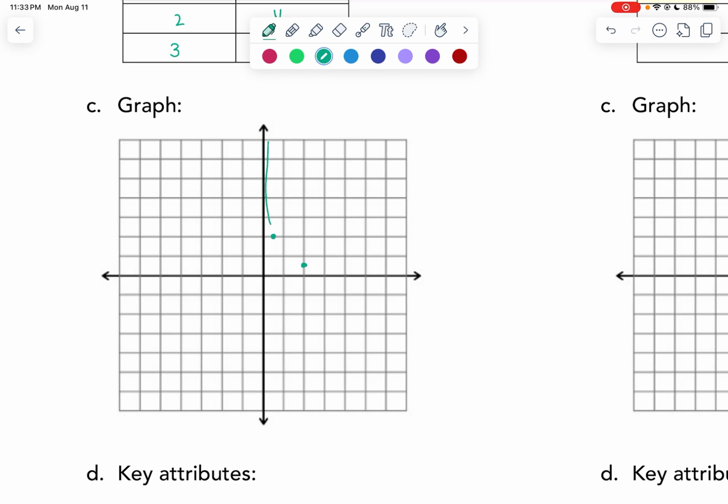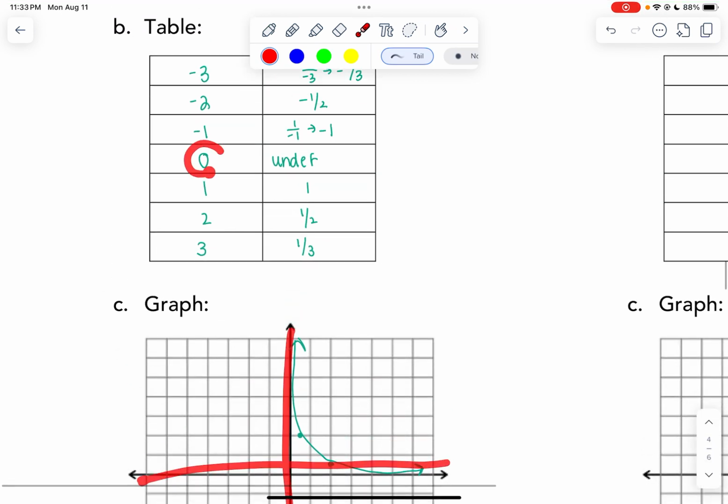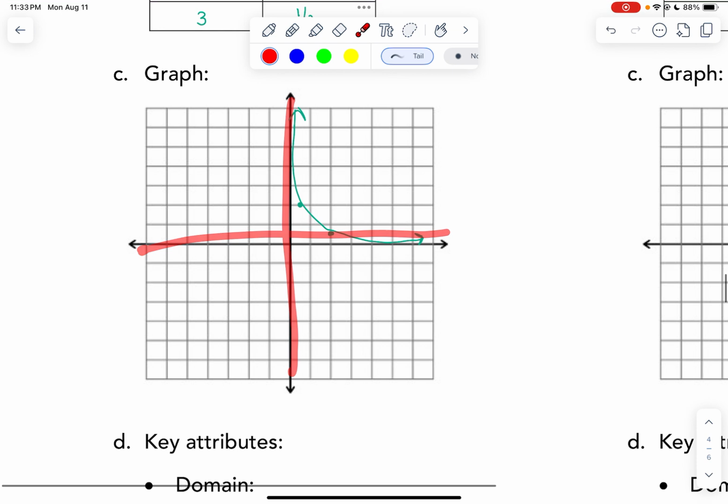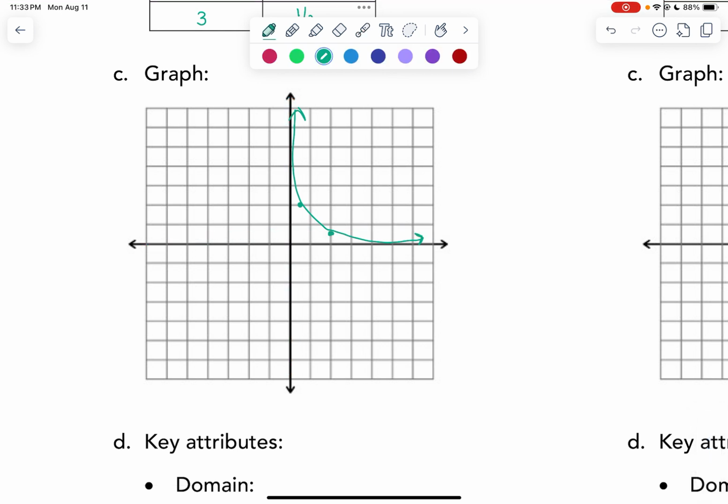So one's going to look like this. And I'm trying to be really careful and not cross my x and y intercept because we just said that it was undefined at 0. And then on the other side, it's going to look kind of like this.